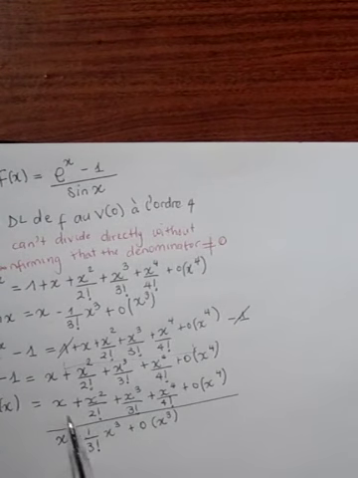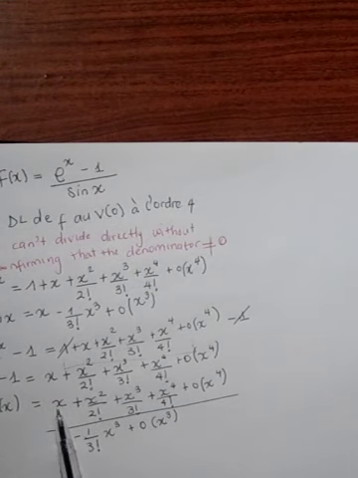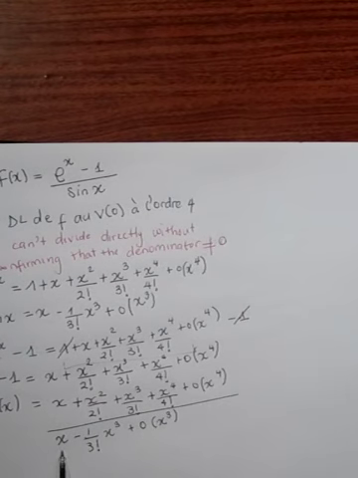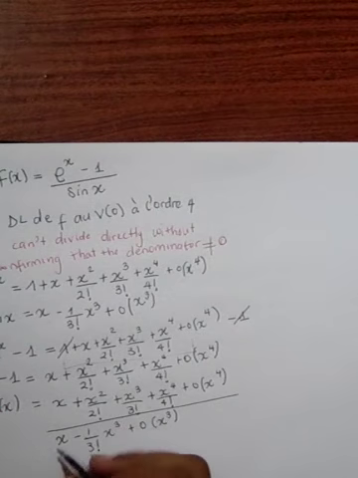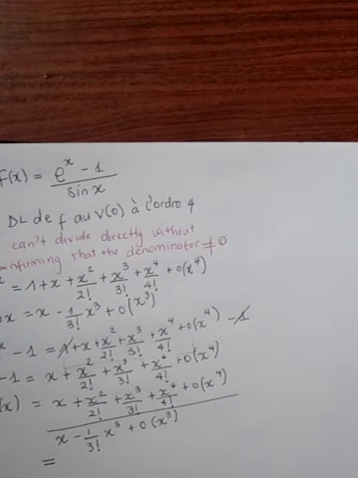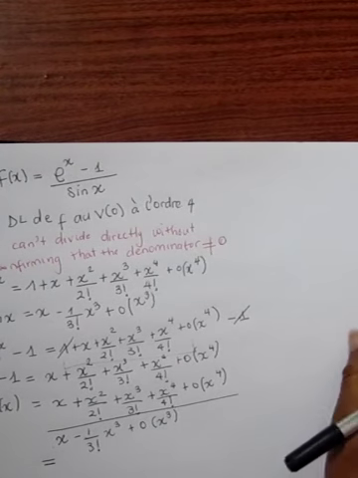But you can see that we can factor out x from the numerator and x from the denominator. If I factor out x from the numerator and x from the denominator, let me see if we can save that part right there. Oh, we won't be able to see it, so I'll just put it in a new sheet.